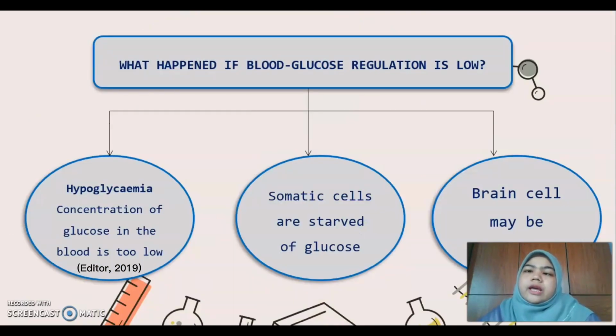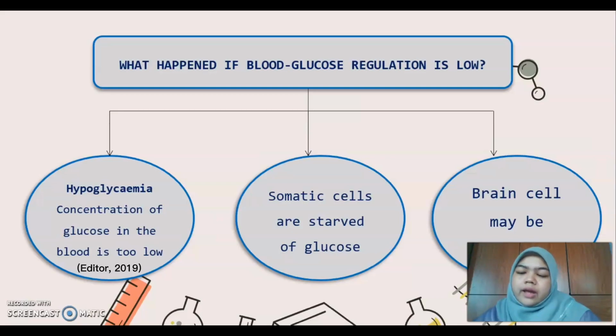What happens if blood glucose is low? When the concentration of glucose in the blood is too low, it is called hypoglycemia. Hypoglycemia occurs when the blood glucose is below about 72 mg per deciliter.